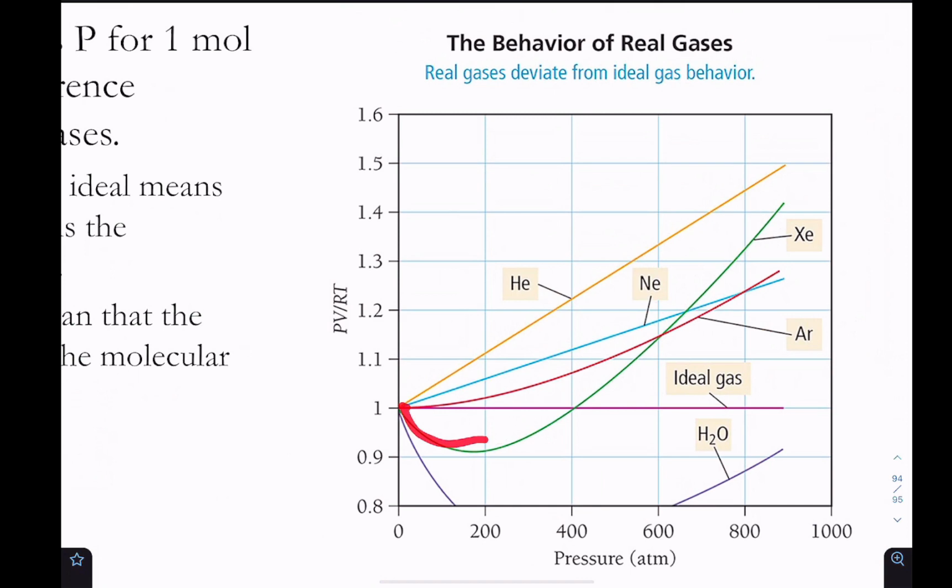Does anybody know why that would be? So if we're high up here, like if these curves are above 1, that means it's mostly the space that they take up. If it's below this, that means it's mostly the intermolecular forces that are causing deviation. So why would xenon have more deviation due to intermolecular forces than the other noble gases? Because they're heavier? It is a trend on the periodic table.